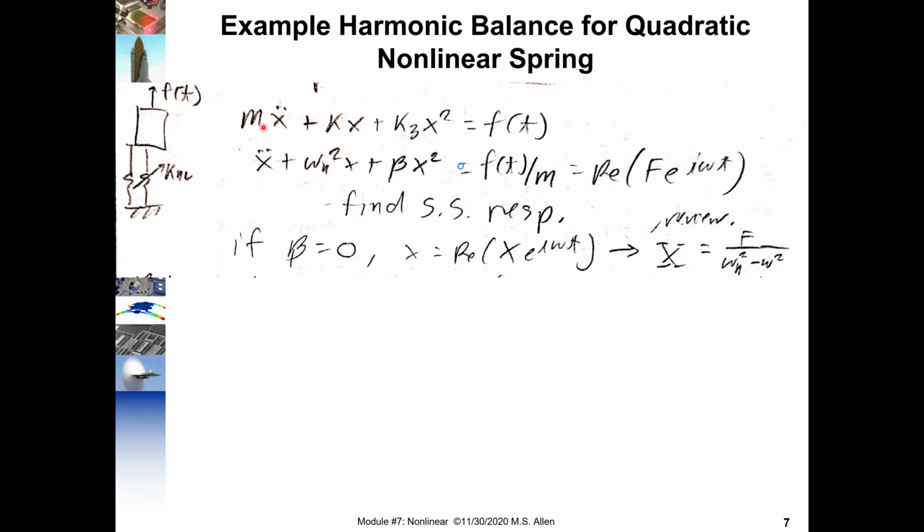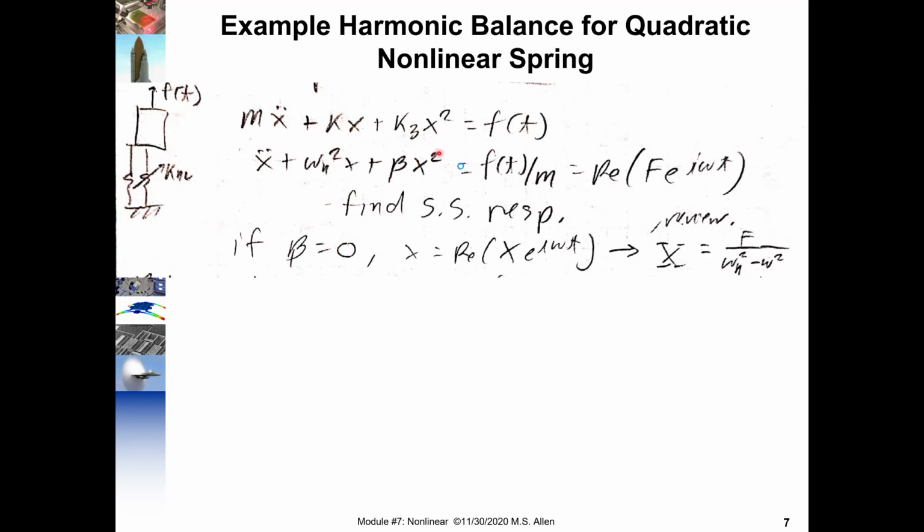So we convert this to a non-dimensional form by dividing through by the mass. And so we can write the equation of motion this way. And as we've covered many times in class, if we want to define the steady state response, we would assume that it has the form of some real part times an amplitude e to the i omega t. We plug this into the equation.